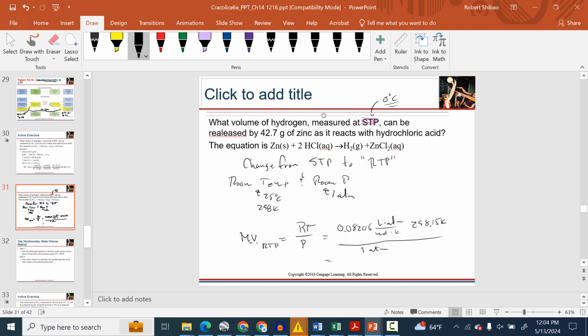Why 0.15 Kelvin? I want more sig figs, that's all.